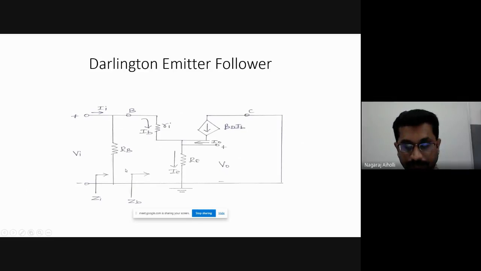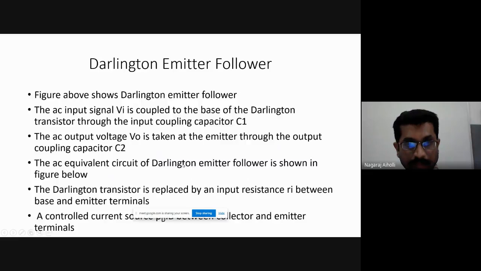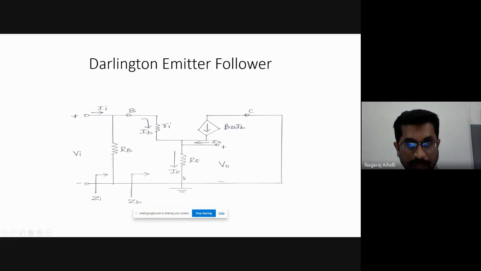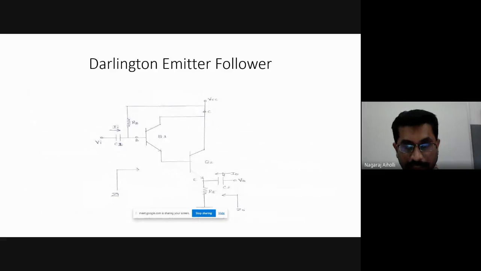Next, we take this portion, Ri. Ri, the input resistance, is between base and emitter. Then at the junction we have this resistance Re, the emitter resistance.